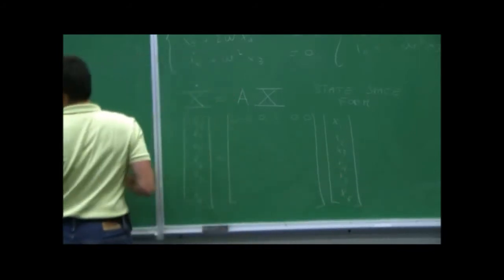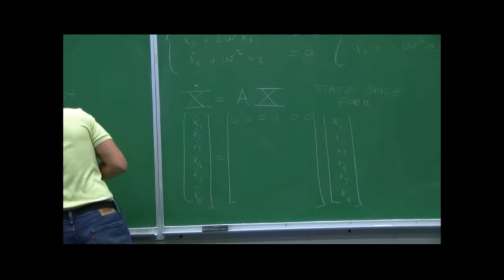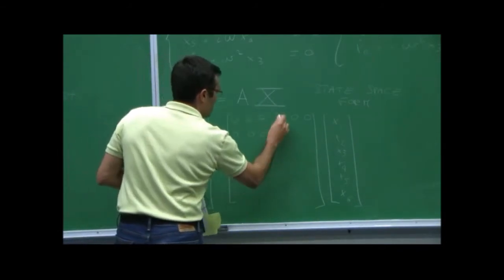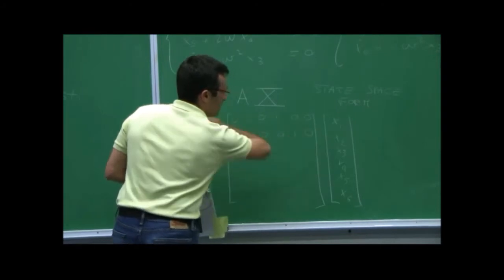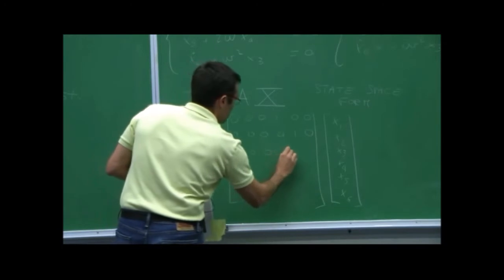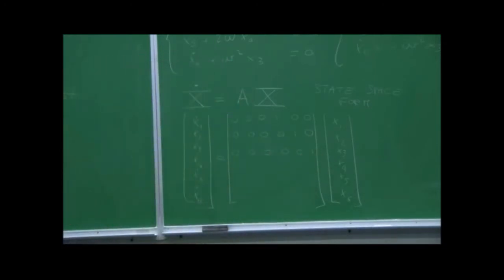It's x4, right? x1 dot is x dot, which is also x4. And with the same type of reasoning, you move this 1 over 1 position, you get x2 dot, and the same for 3. And that's it for the first 3 rows.